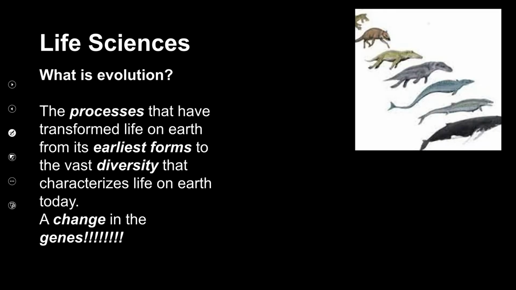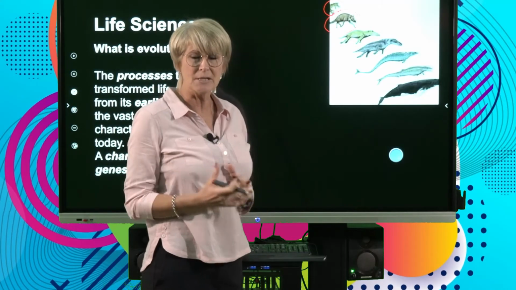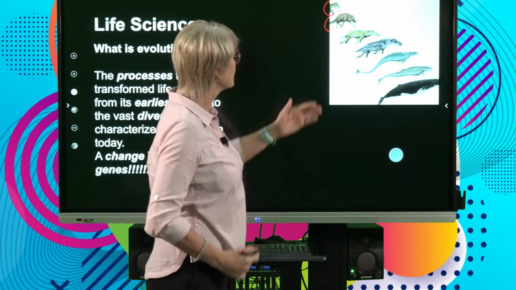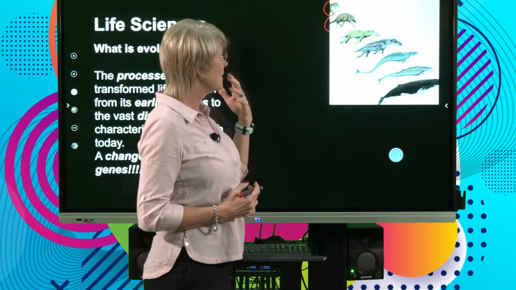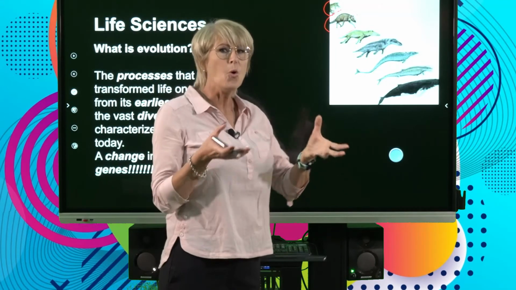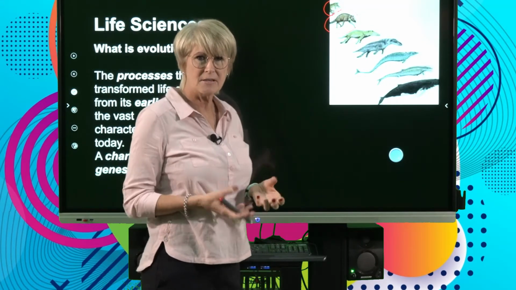If we have a look right at the top here, we can see this is a four-legged animal, and if we look at the next one, we can see that they've got four legs and they look like land mammals. In fact, it was very similar to a dog-like organism that lived on land. Obviously the environmental conditions changed and they needed to adapt to a more aquatic environment.